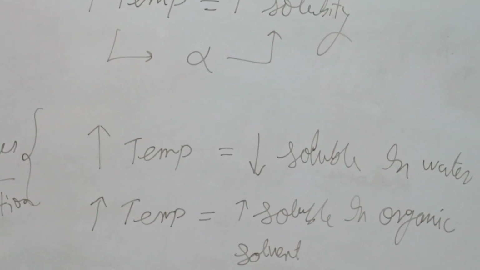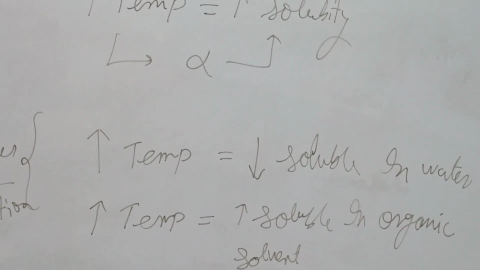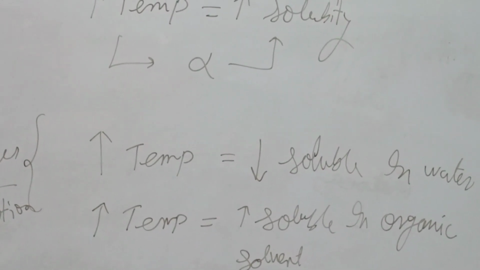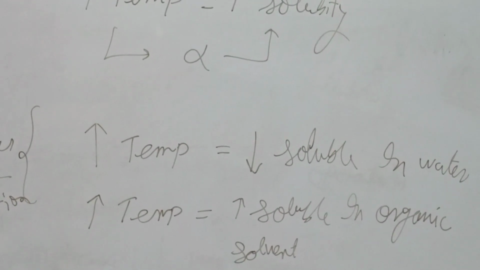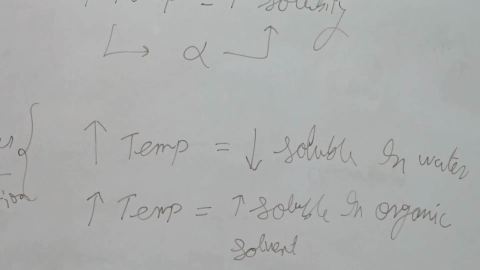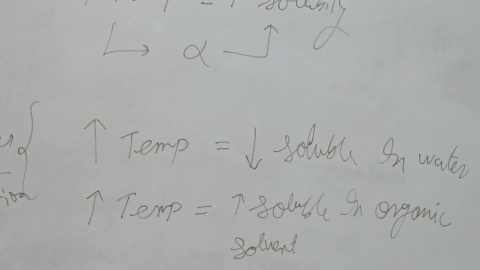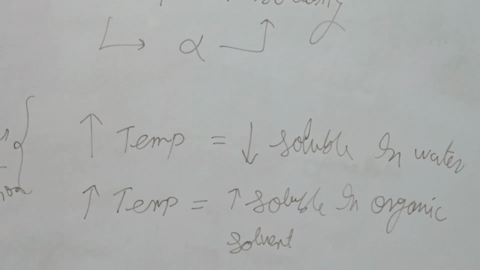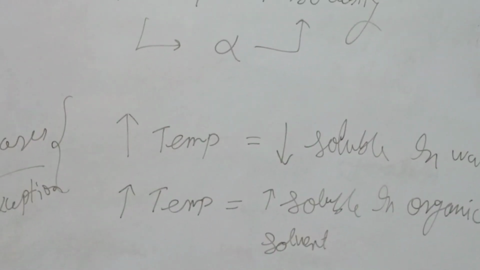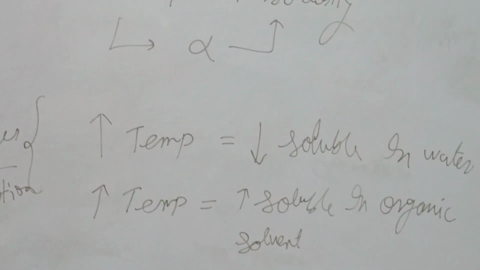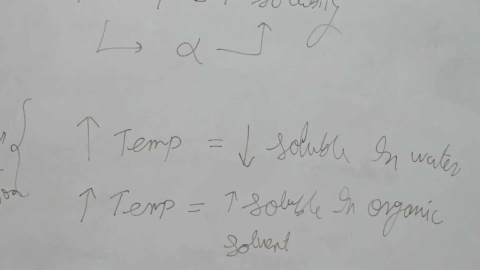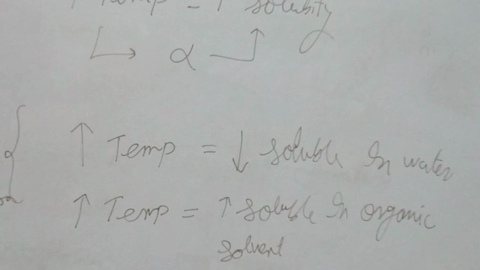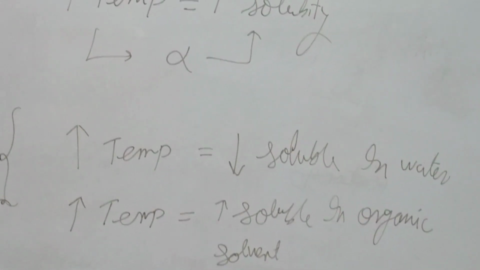However, contrary to this, with increase in temperature the solubility of gas increases in organic solvent. So this is a very practical as well as exceptional situation, where with increase in temperature the solubility of gas in different solvents changes accordingly.